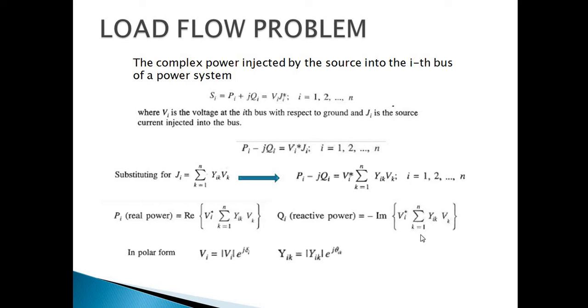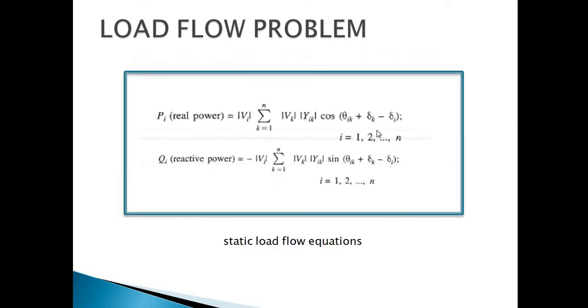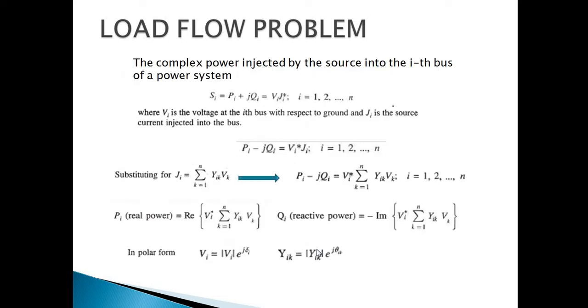You put the value of V and put the value of Y, so you have these together, and this angle will add up. You remember, when complex numbers multiply, the angles add up, so your delta i and theta k are adding up.